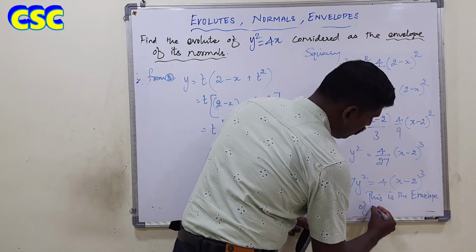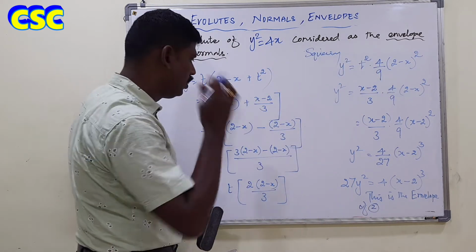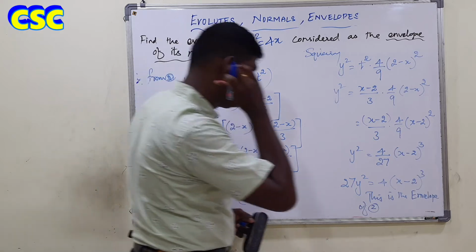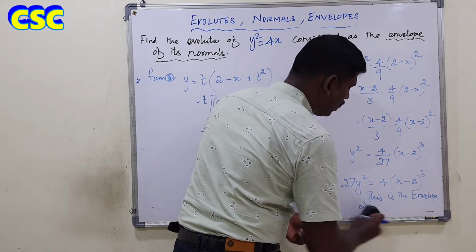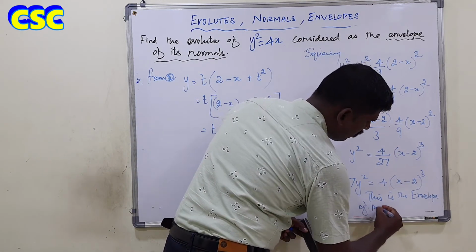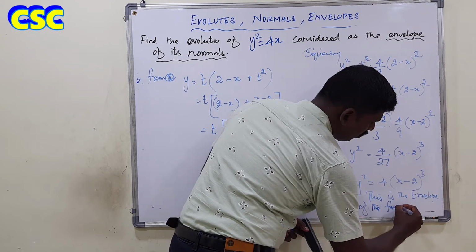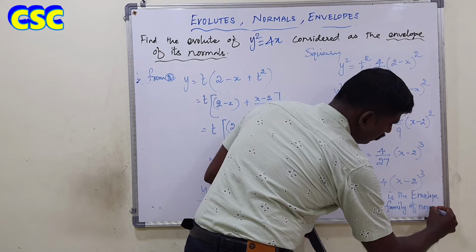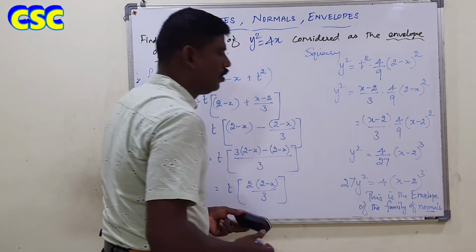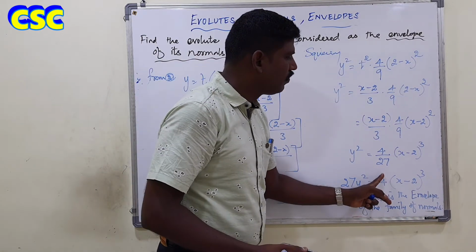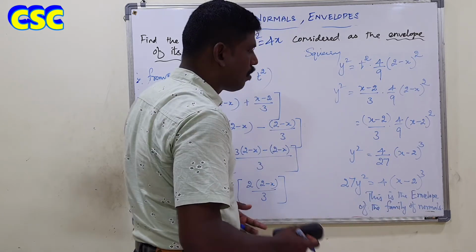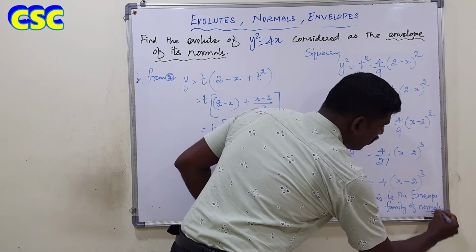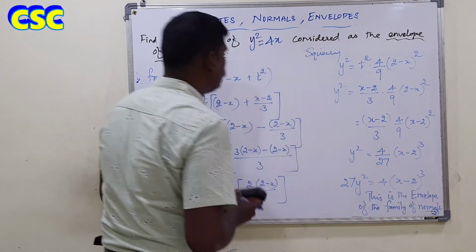Envelope of equation 2, right? Or family of normals you can write. This equation is the envelope of the family of the given normals 2, isn't it? Therefore, we call it as evolute.